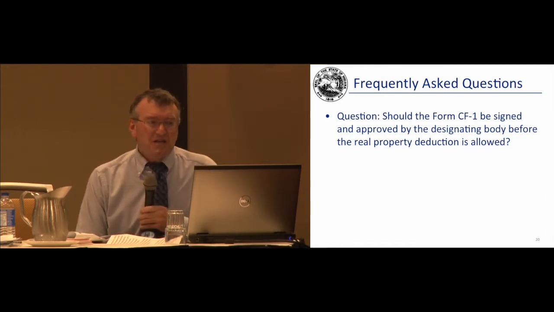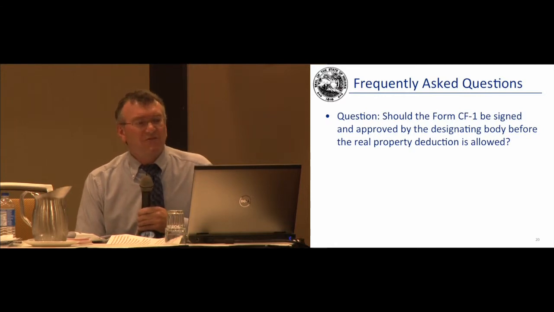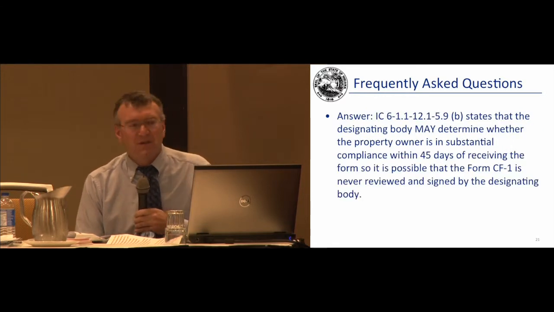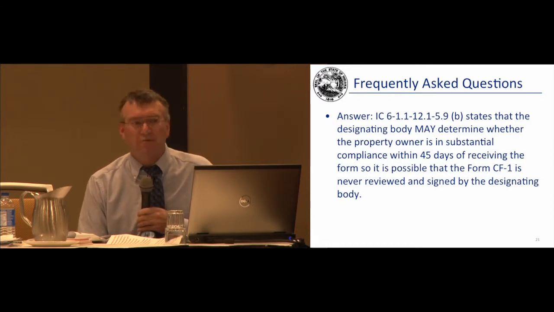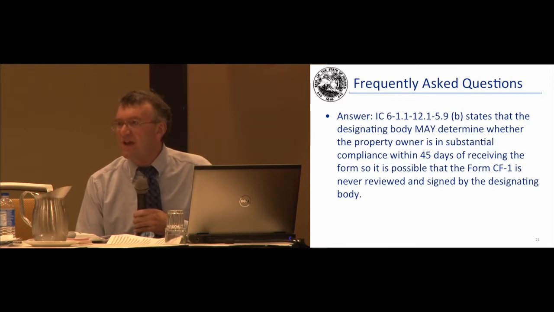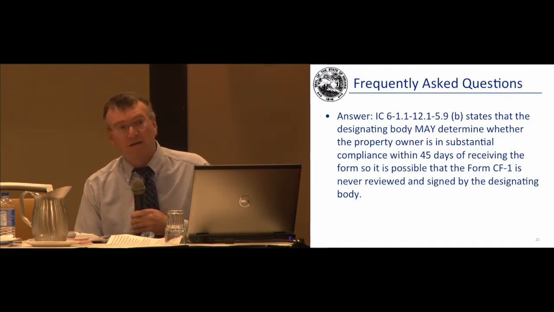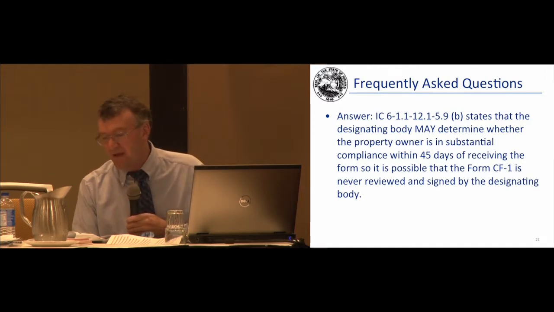Indiana Code 6-1.1-12.1-5.9(b) states that the designating body may determine whether a property owner is in substantial compliance within 45 days. So it's possible that the designating body will receive this CF1, not review it within the 45 days, and therefore it's not checkmarked as compliant or non-compliant, and it's not signed.